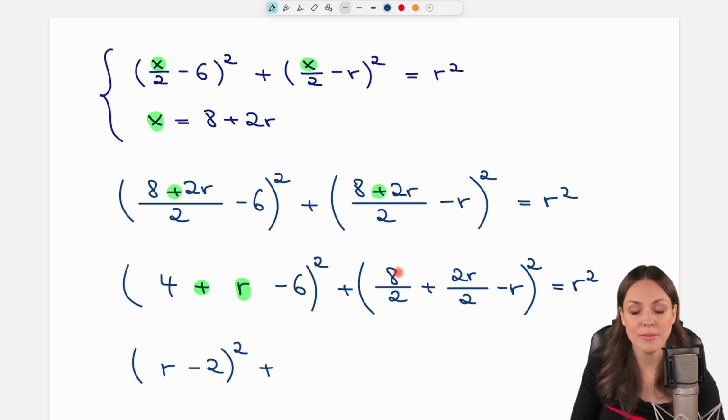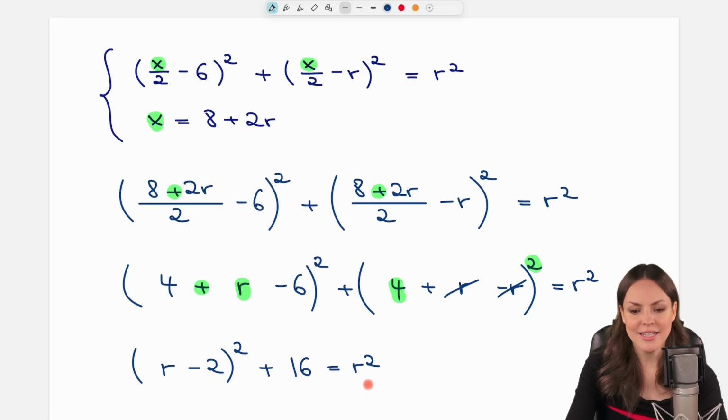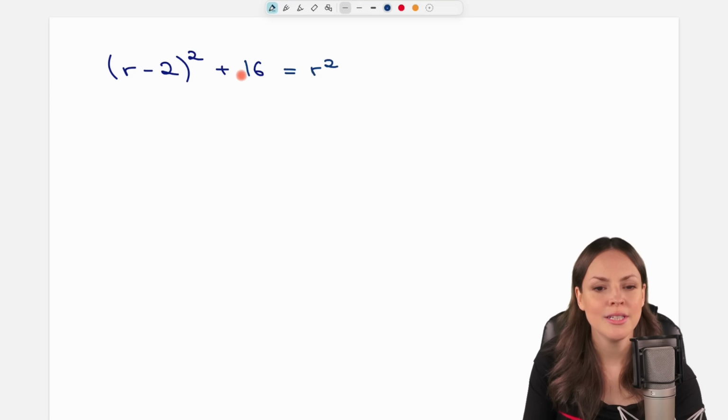In here, the same thing, 8 over 2 equals 4. Here we can cancel out the 2, so only r is left here as well. R minus r vanishes completely, so that we only have 4 squared, which is 16. And on the other side, we have the r squared. Okay, this looks good now.